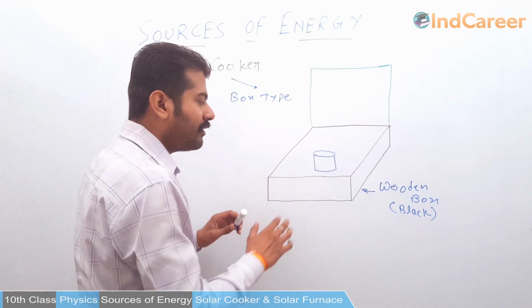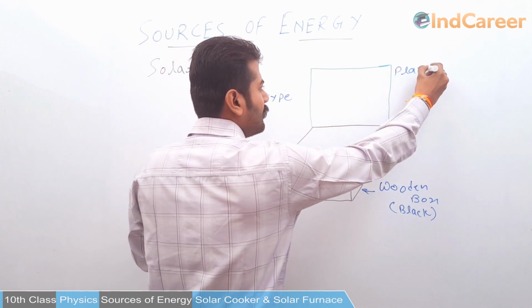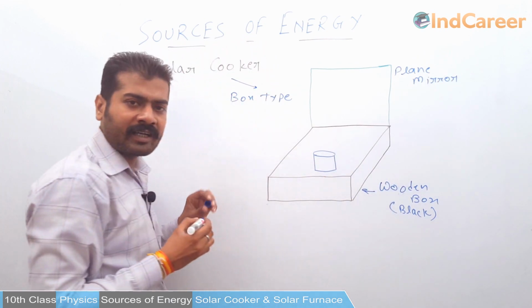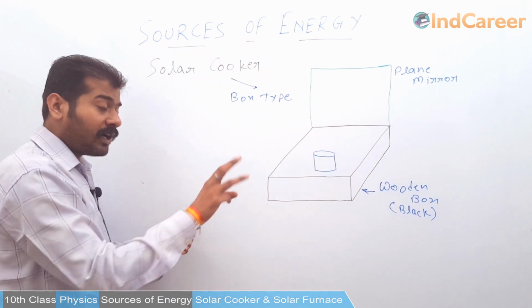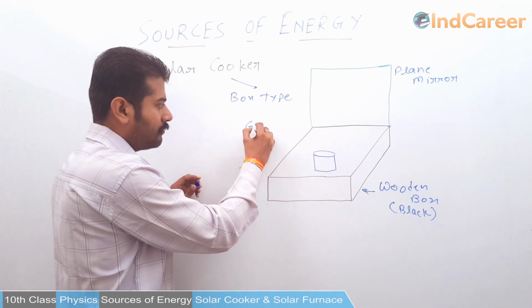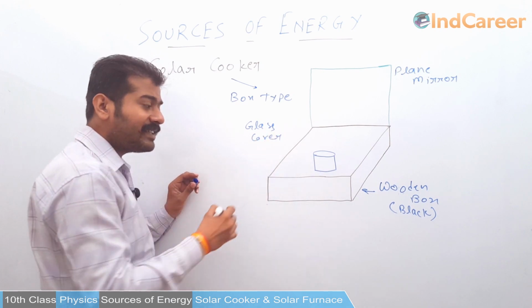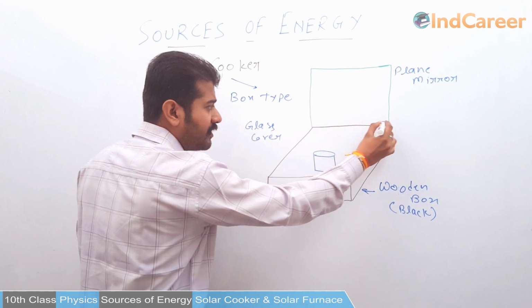Next what we have is a plane mirror, and this mirror is used as a reflector. Now the third one is the glass cover. This glass cover is in the topmost portion of this box.